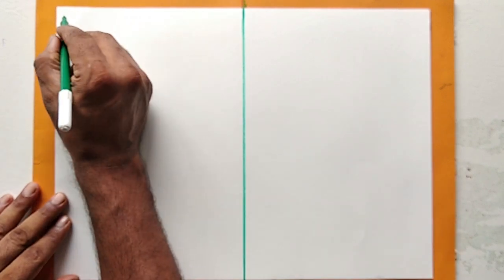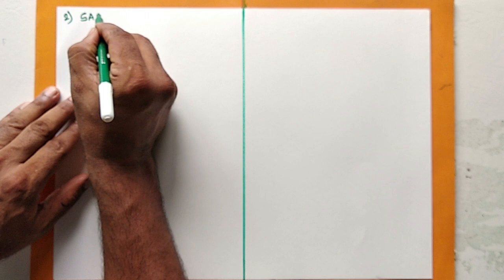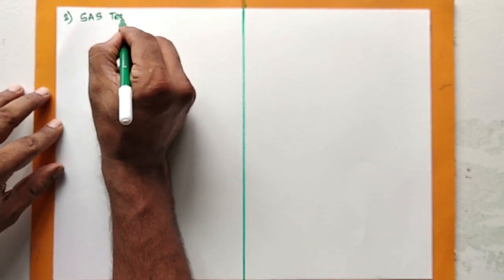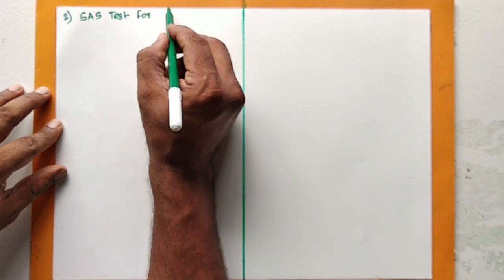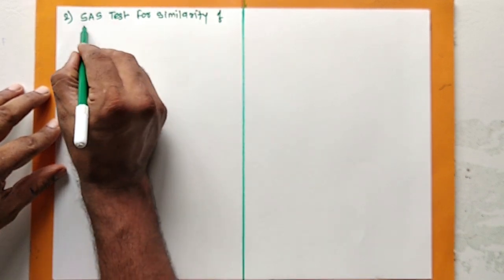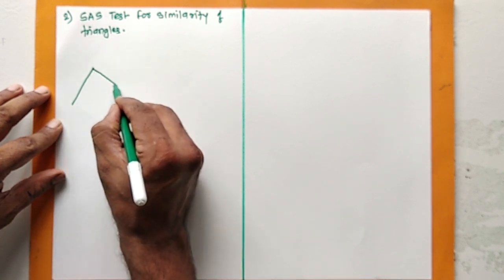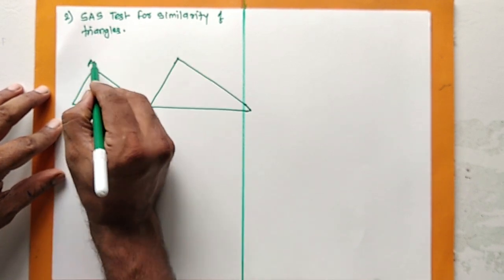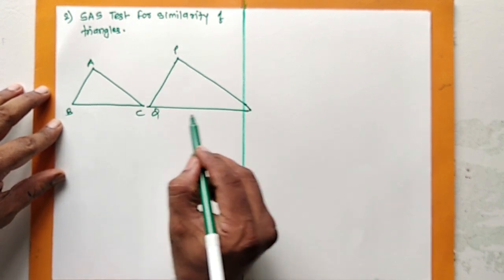Now the next test, the second test, the SAS test for similarity of triangles. See the diagram for this test: triangle ABC, triangle PQR.